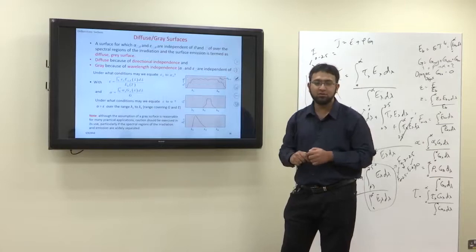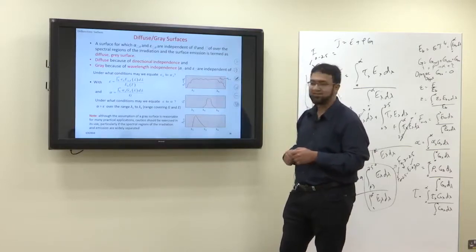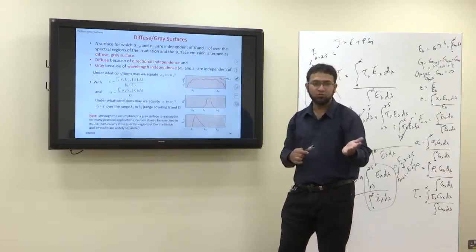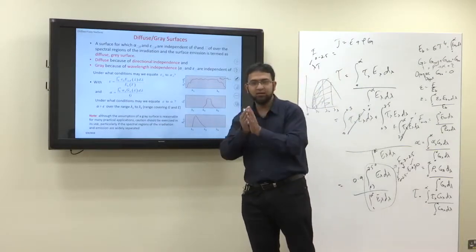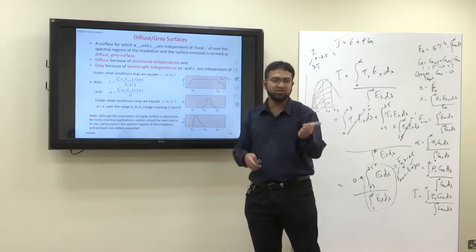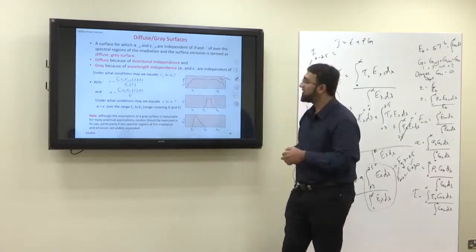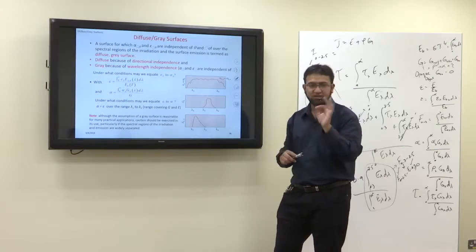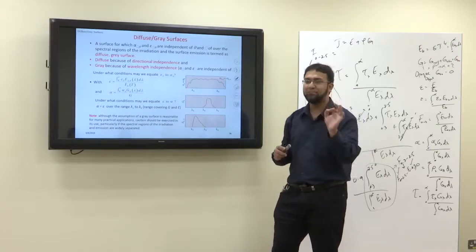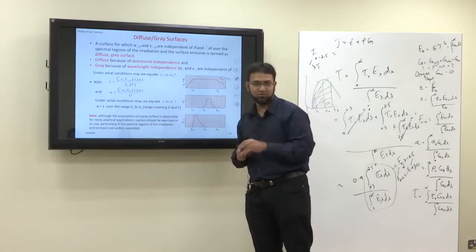Okay, now there is another concept, diffuse gray surfaces. Diffuse, you know, a surface which is emitting or reflecting in all directions in equal amount, that is diffuse. Okay, but what is a gray surface? A gray surface is a specific surface in engineering. A gray surface is a surface which is independent of wavelength.